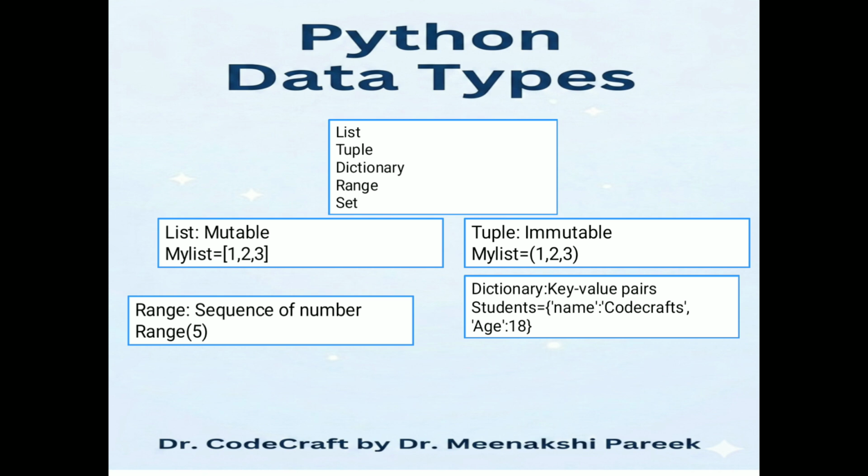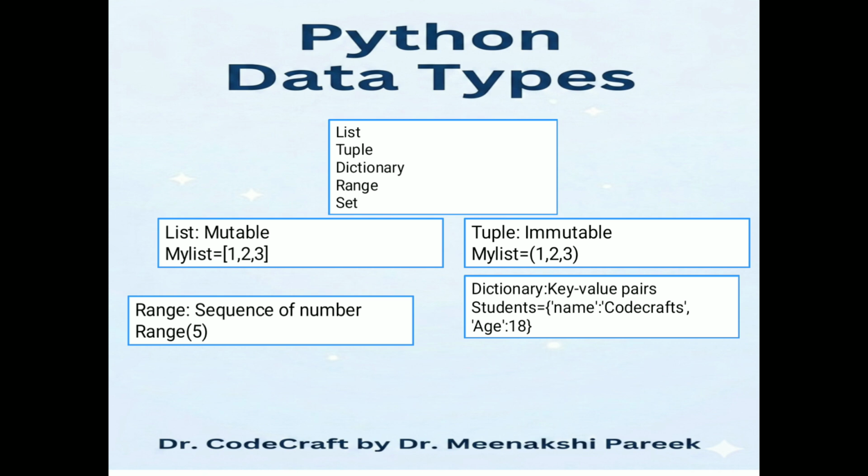The next is the dictionary, which is mapping data. This is a very powerful data type in Python. A dictionary has a key and value pair concept. In this example, name is a key and age is 18.